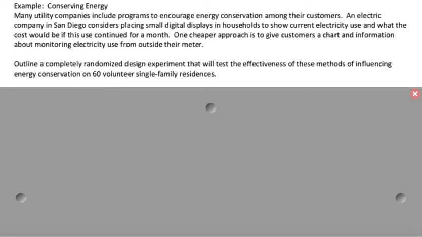So in our example, it says, many utility companies include programs to encourage energy conservation among their customers. An electric company in San Diego considers placing small digital displays in households to show current electricity use and what the cost would be if this continued for a month. One cheaper approach is to give customers a chart and information about monitoring their electricity use from outside their meter.